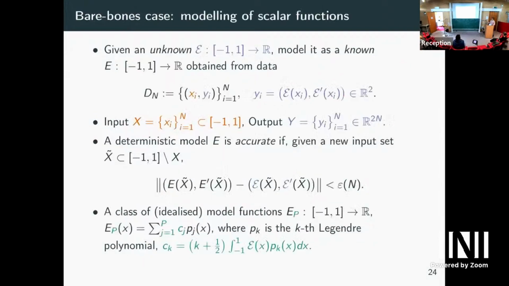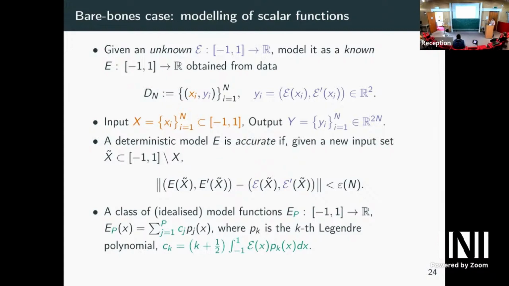So an absolute bare bone case, which I really like as a mathematician, is that we go back to 1D and imagine that our quantum mechanical data is a function from -1 to 1. We don't know it, and we want to model it, and this E is the representative of this interatomic potential.